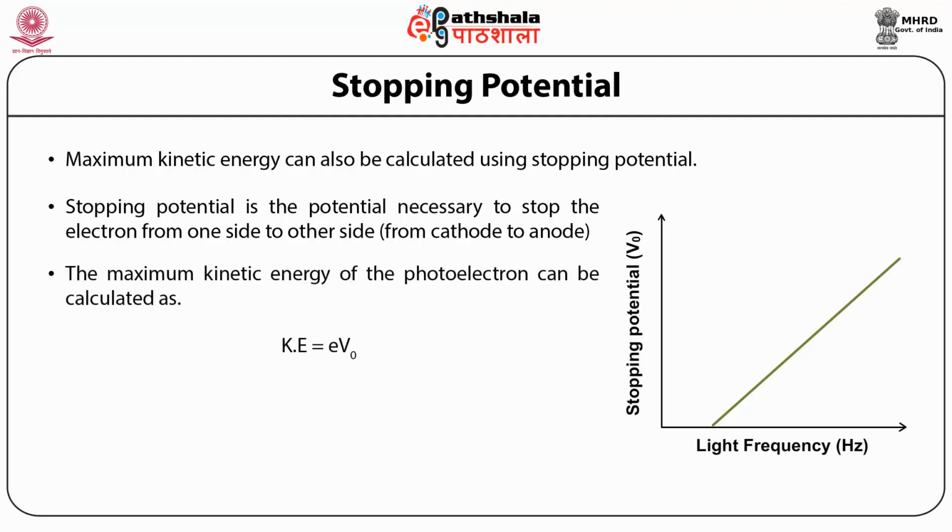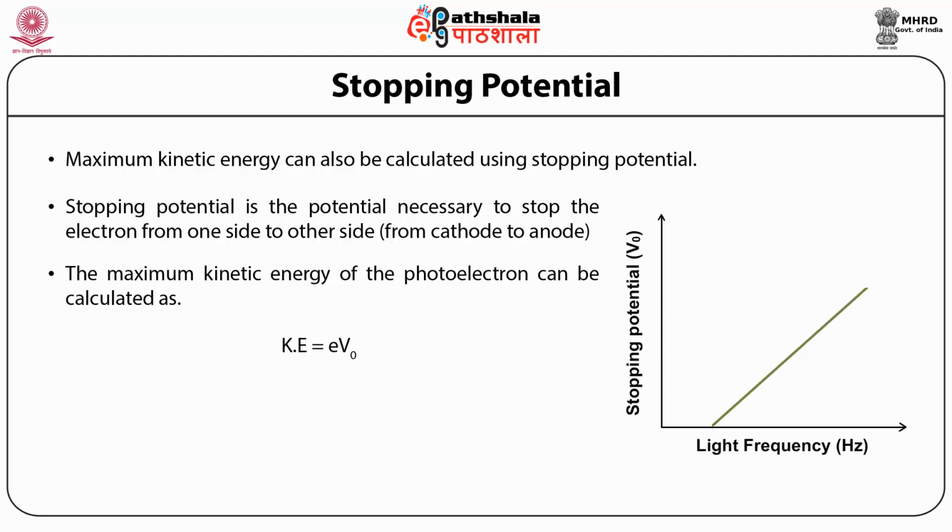The maximum kinetic energy of the photoelectron can be calculated as Ke = eV₀, where V₀ is the stopping potential and e is the charge of the electron.